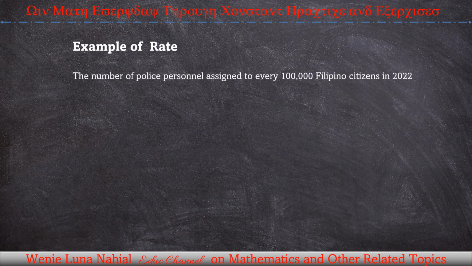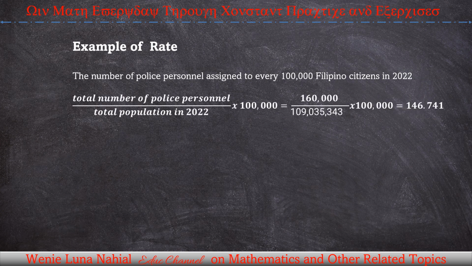Example of rate: the number of police personnel assigned to every 100,000 Filipino citizens in 2022. So total number of police personnel over total population in 2022 times 100,000.